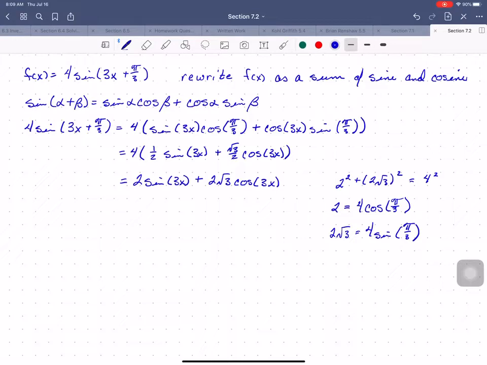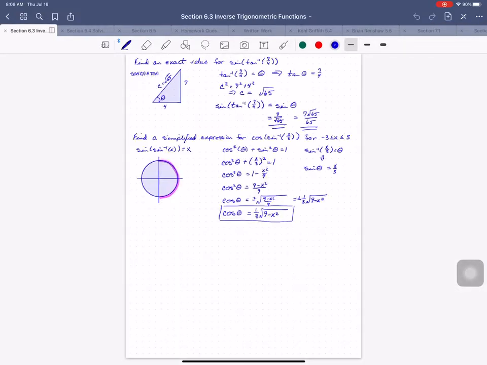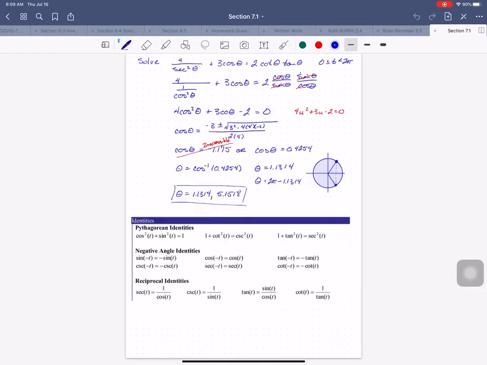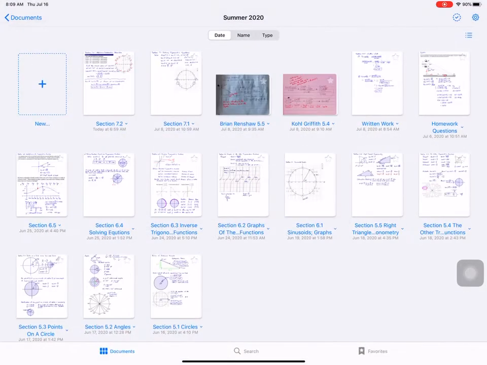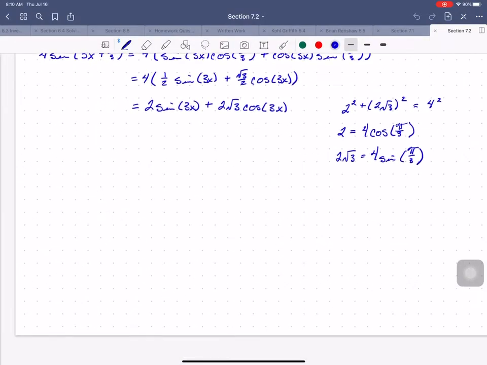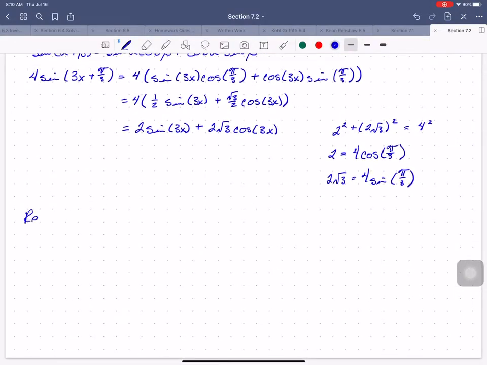But what we're doing is, if we want to rewrite m times the sine of bx plus n times the cosine of bx, we're going to rewrite that in the form of a times the sine of bx plus c.